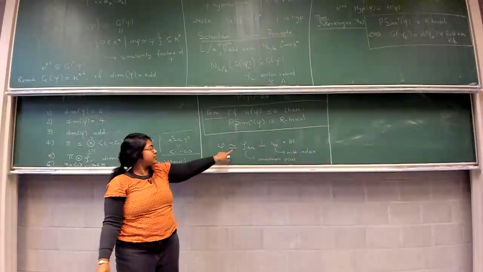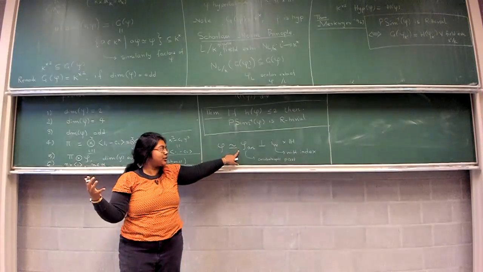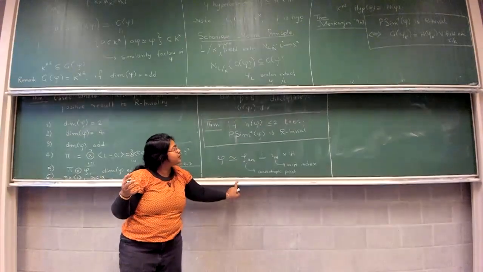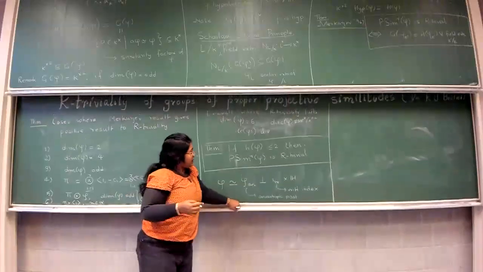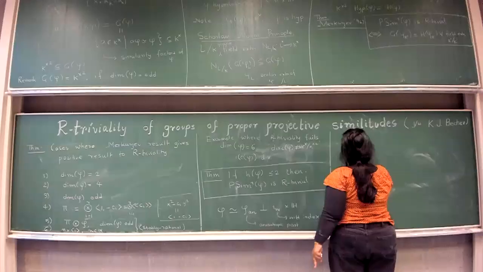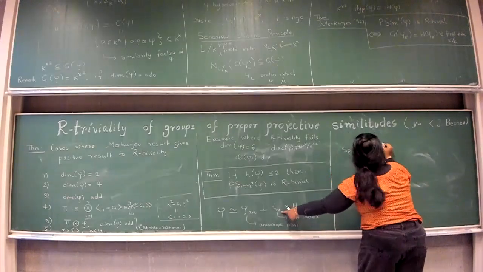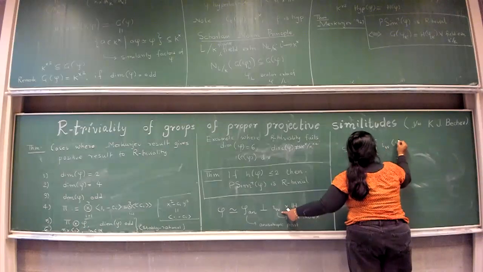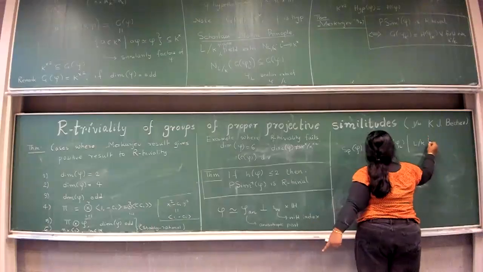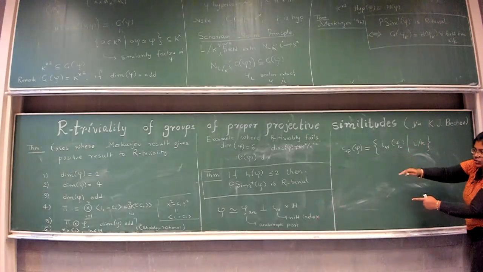Anisotropic means it has no non-trivial solution. Over the extensions, we will have several Witt indexes.